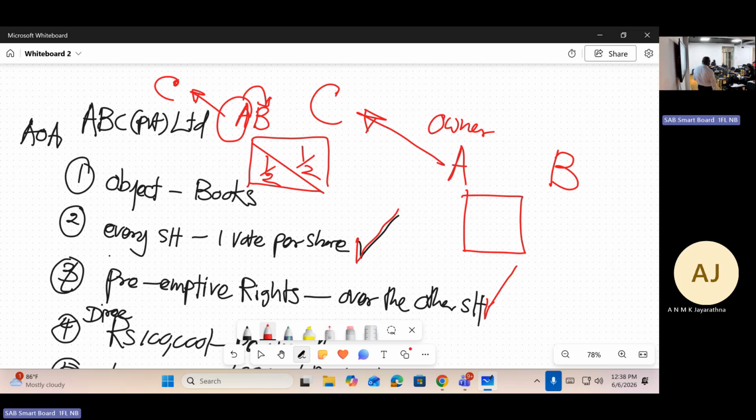So co-owners of undivided property have the preemptive right over the shares of the other co-owners. Why is this type of right given to B, the other co-owners? What is the reason?